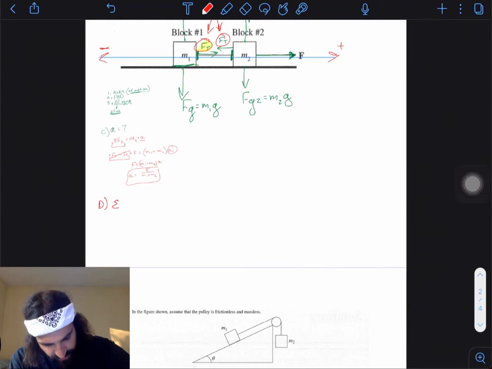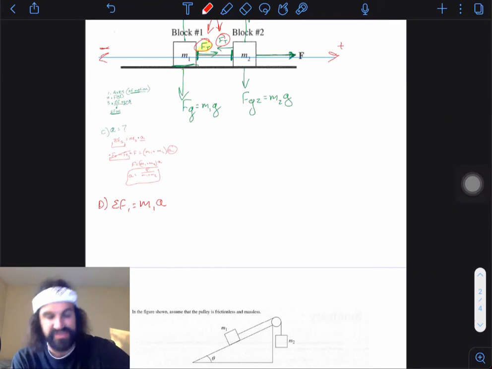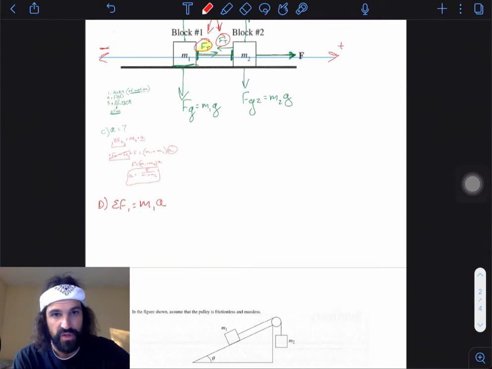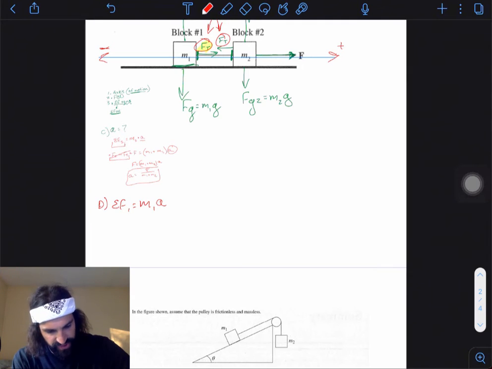So I'm going to do net force for object 1 is mass 1 times A1. But again, acceleration of object 1 is the same as the acceleration of the system. So if we look at the forces along the axis of motion, along the acceleration, the only force we have is tension. So tension equals m1 times A.